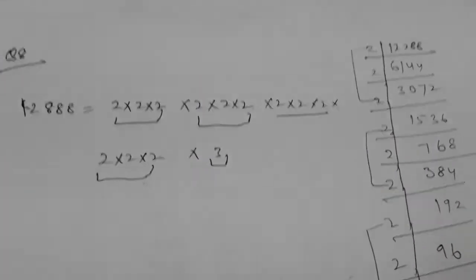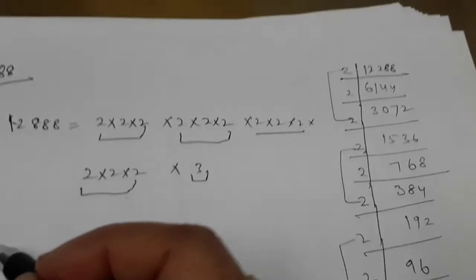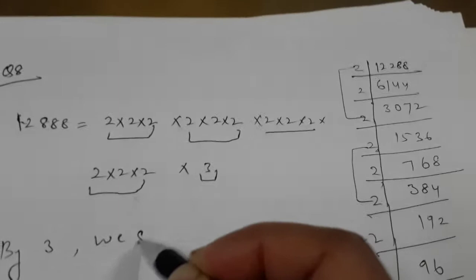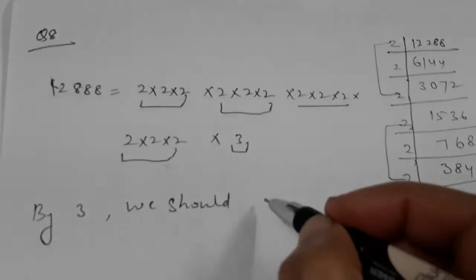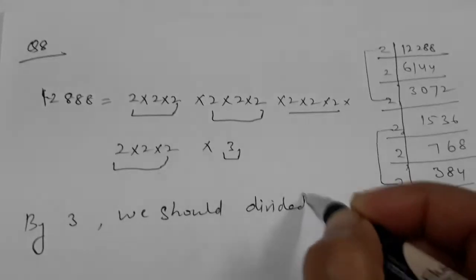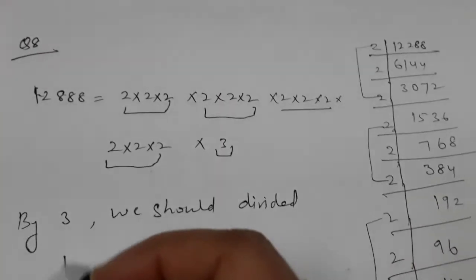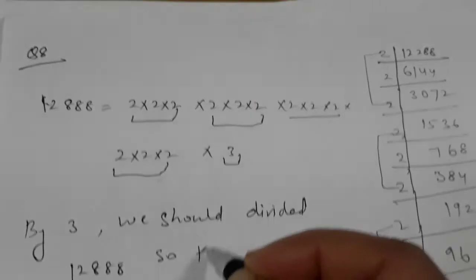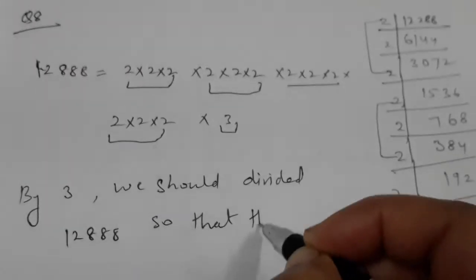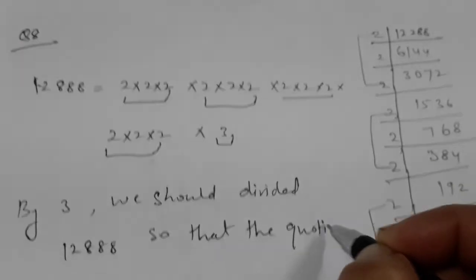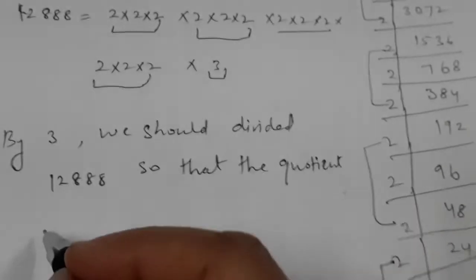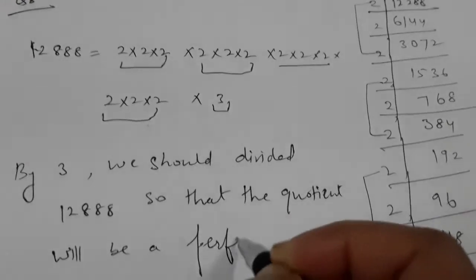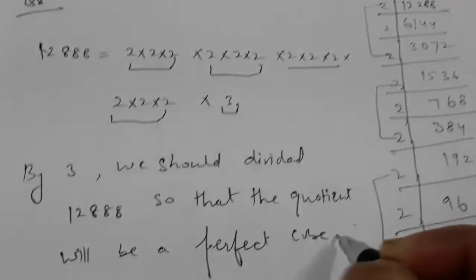So what we can say is that we should divide 12,888 by 3 so that the quotient will be a perfect cube.